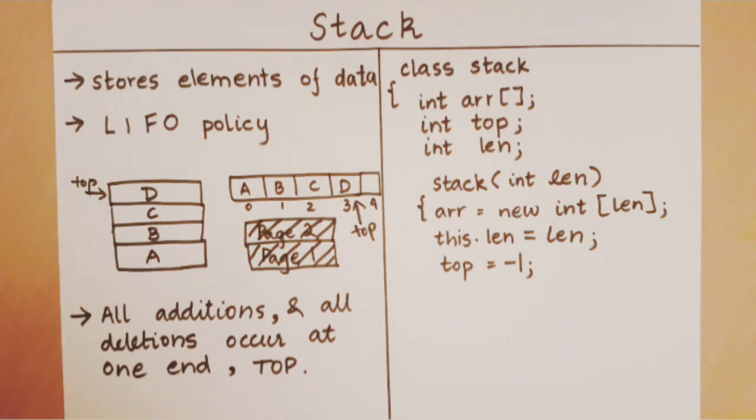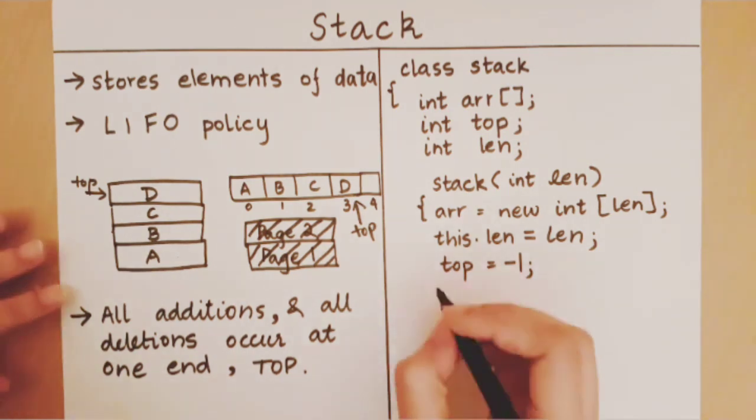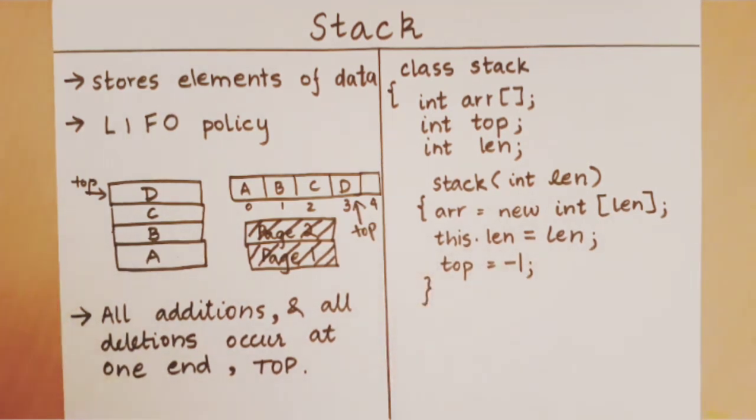Also, top being incremented by 1 will go to the 0th position. This is why we are initializing top to -1. We will get a better understanding of this when we see the addition and deletion functions as well. This is all that there is for the initialization of a stack.